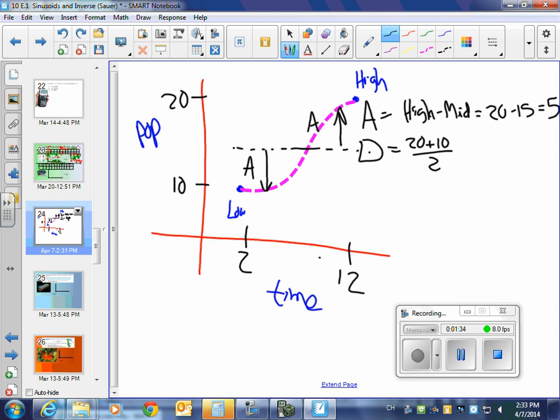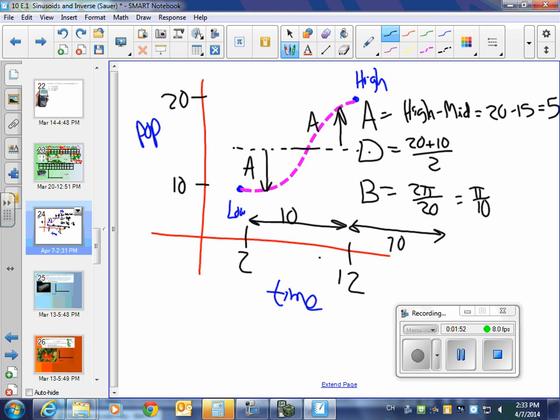Okay, then when we found B, it was 2 pi over the period. Now 2 to 12 is 10. That's half of the period. To get the full period, it's going to be another 10. So it's going to be 20, which is pi over 10.